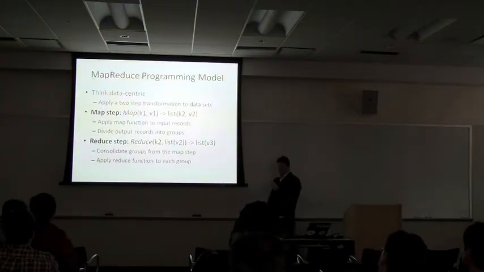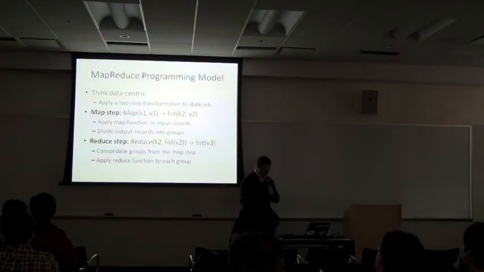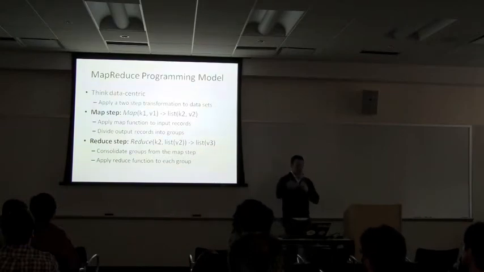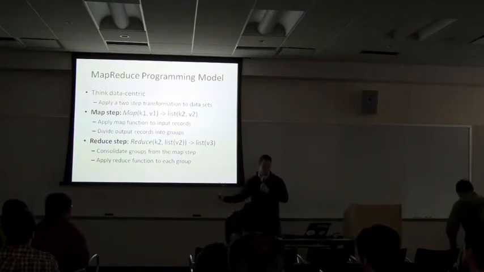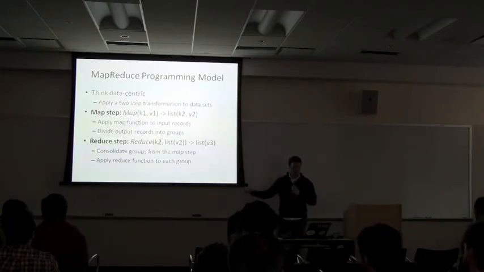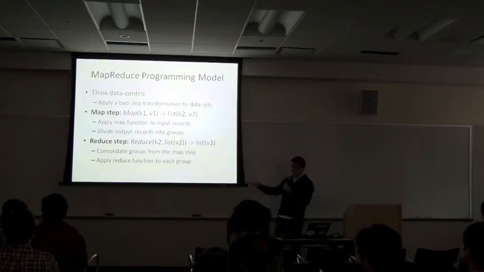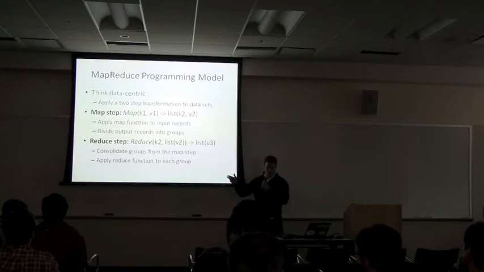Okay, so the MapReduce programming model, you're probably all familiar with it. It allows programmers to think in a data-centric fashion by applying a two-step transformation to data sets, or records. In the map step, we have a map function that takes in a key value pair and returns a list of new key value pairs.